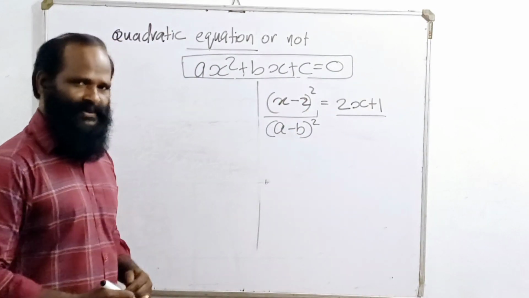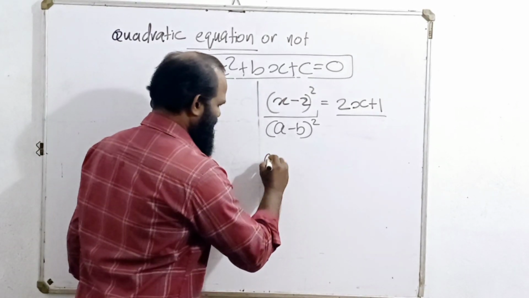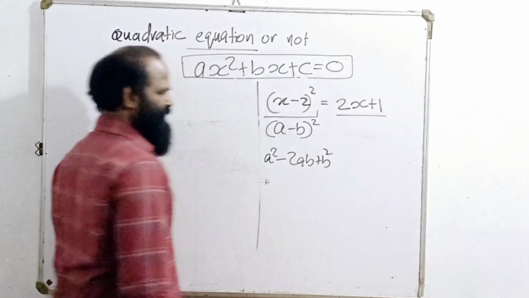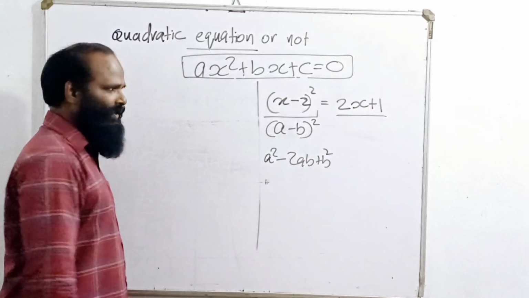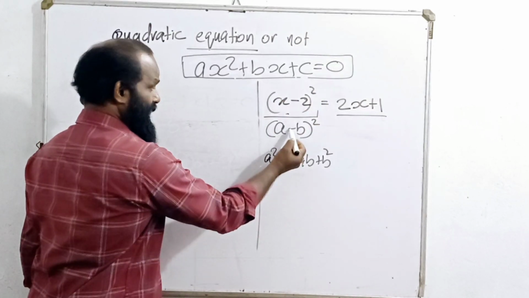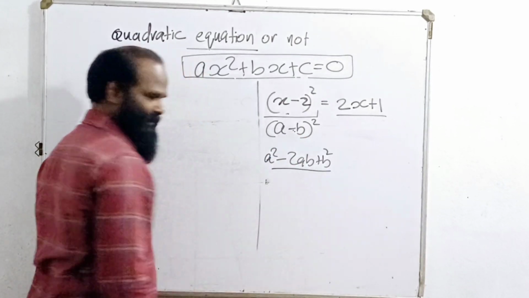We know the expansion of a minus b the whole square. A minus b the whole square is a square minus 2ab plus b square. That we know. So we understood that the x minus 2 the whole square given on the left hand side is a minus b the whole square. Expand it in this form.